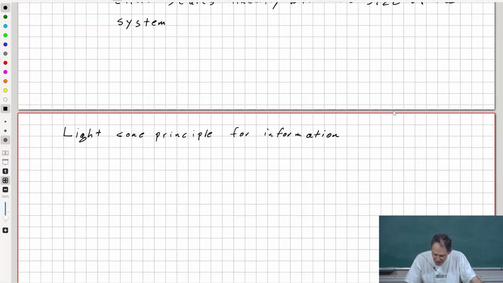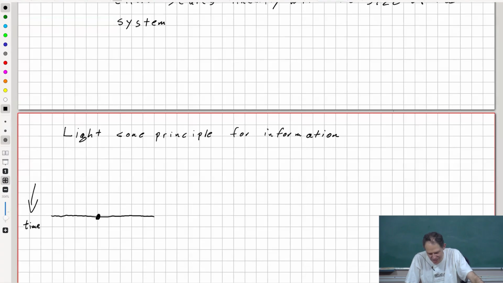So what is an event horizon? This sounds like we are doing something relativistic, but this is not what I mean. Suppose this is our point here, and we have time.